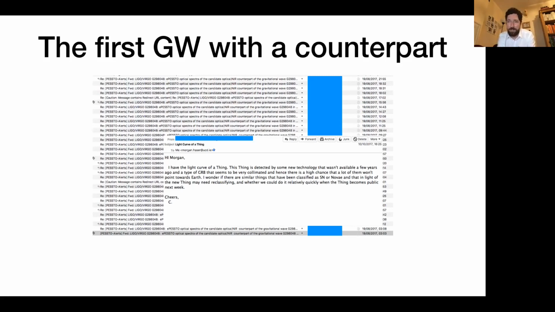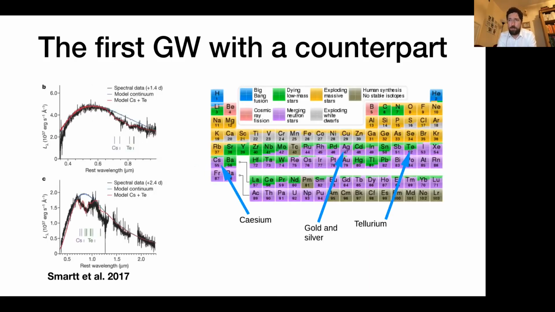So after lots of emails and lots of observations, well, what was the thing? What was this gravitational wave that we saw, where we saw some visible light? Probably the best clue into the nature of any astronomical object is to take a spectrum of it.